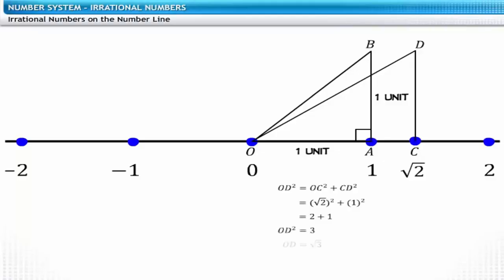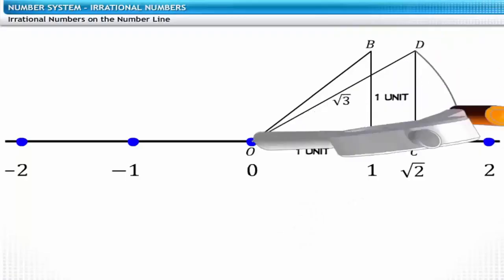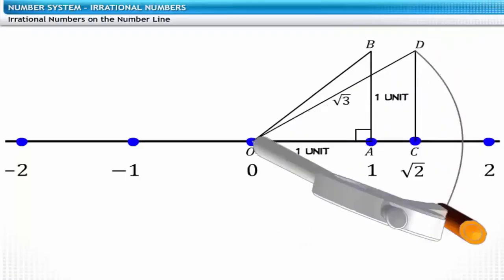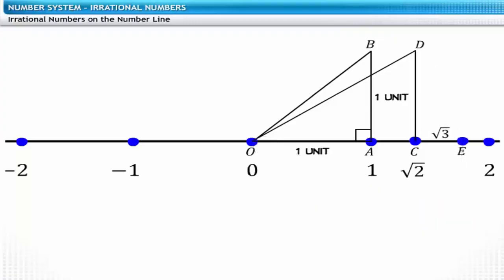Therefore, OD is equal to the square root of 3. With O as the center, mark the length of OD with a compass and draw an arc on the horizontal line. Wherever the arc intersects the horizontal line, mark that point as E, and the distance from O to E is the square root of 3.